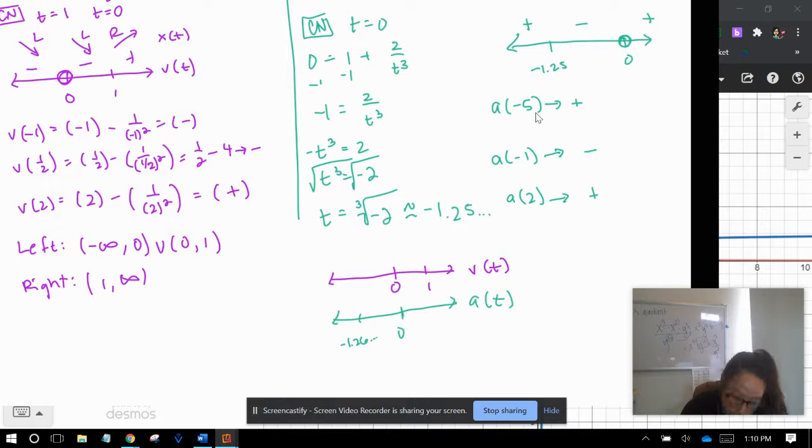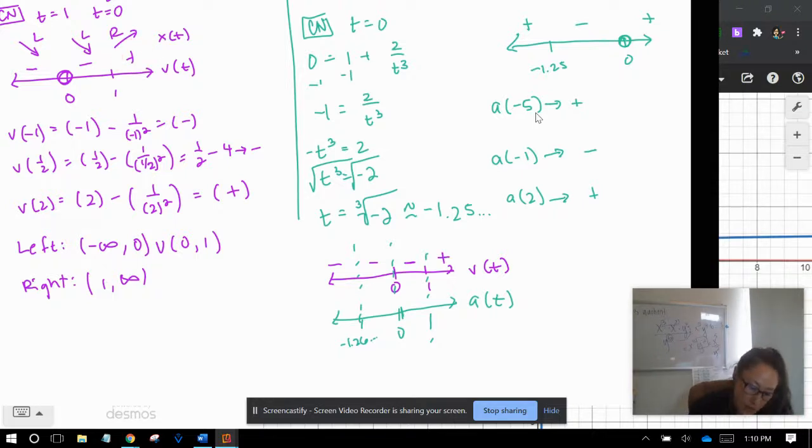So I just need to test every single interval where I have a change for either my velocity or my acceleration. So I'm going to look and be like, okay, velocity below 0, I am negative. The outputs were negative. So below 0, my outputs were negative. Then between 0 and 1, my output was negative. And then from 1 on, my output was positive.